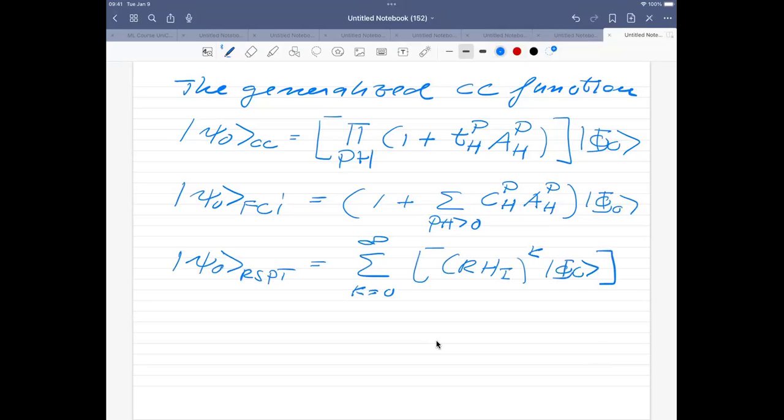In perturbation theory, order by order, we do produce the different contributions which we would then get in coupled cluster theory and in full diagonalization when we do the perturbation theory expansion to infinite order.